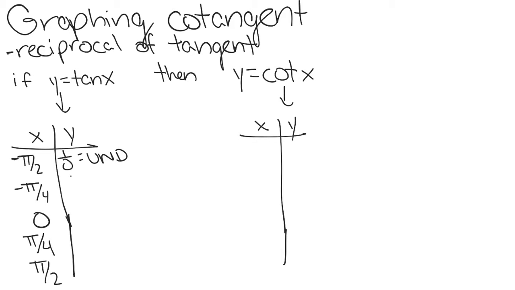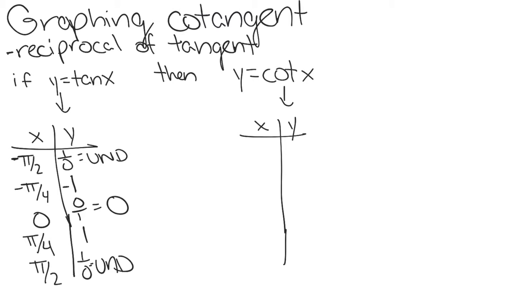Then we have 0 over 1, which is 0. Then at negative pi over 4, it's negative 1. Pi over 4, it's a positive 1. Then pi over 2 is 1 over 0, which is undefined.